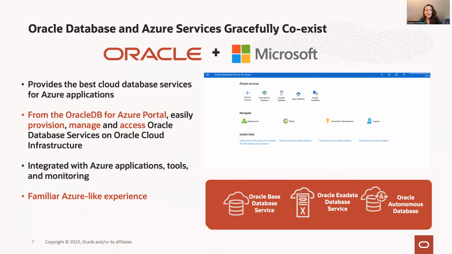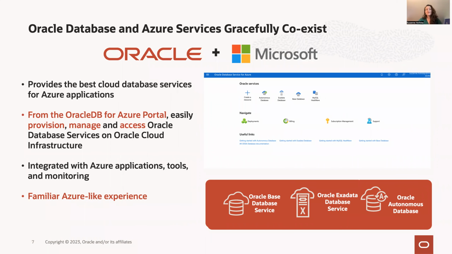But furthermore, and these are the two major selling points of this service, it is managed connectivity, and you have a familiar Azure-like experience that is very simple and takes you through a UI in order to connect the Azure applications to the database. We have 12 regions today that support both the OCI Azure Interconnect and the Oracle Database Service for Azure services. And we're heavily investing in this partnership to drive innovation, performance, and availability.